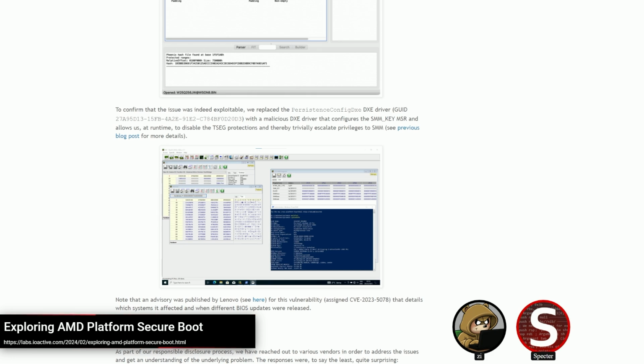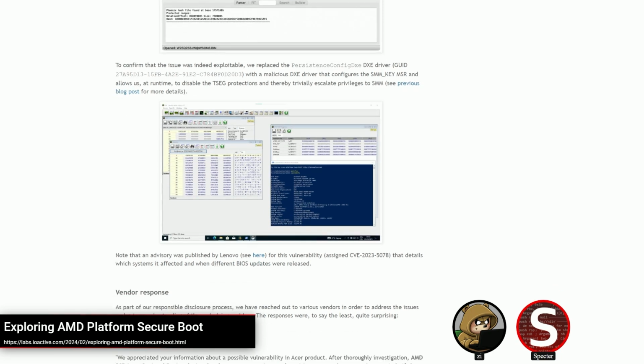The types of issues they talk about here are problems where there's MMIO registers, memory mapped IO registers, for locking down the configuration of very privileged registers. And some vendors just don't lock those down. Because you can take advantage of those, you can do some pretty powerful stuff and subvert the secure boot.